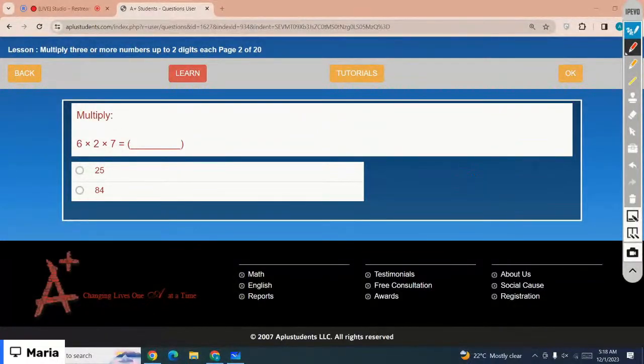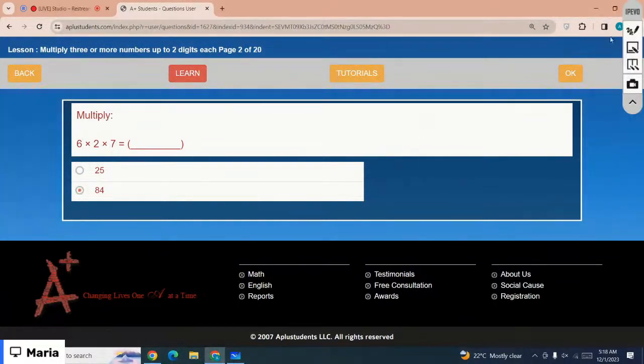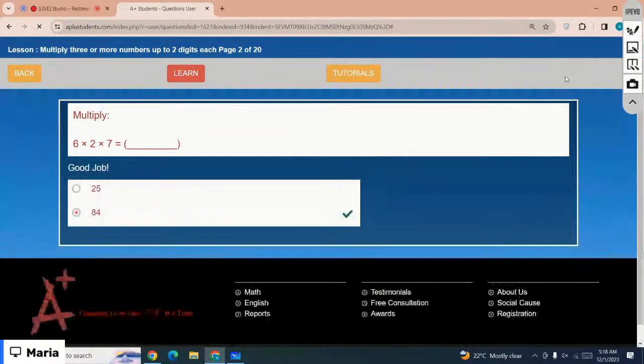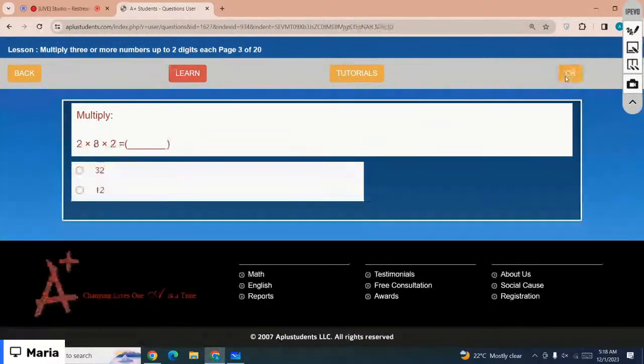Now use your notebook and pencil, evaluate the questions on your notebook and write the answer in the chat box. Use your notebook and pencil. No guesses, right? Okay, multiply 2 times 8 times 2, which is the correct option.